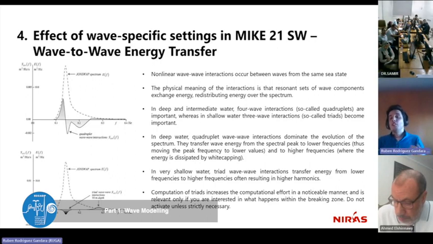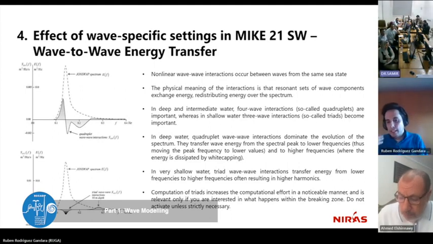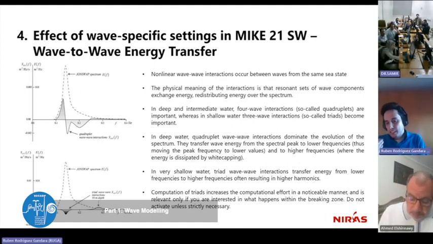And there are basically two ways of interaction for the waves within the same sea state. There are two main nonlinear interactions. The first one is called quadruplet interaction. And the second one is triad interaction.